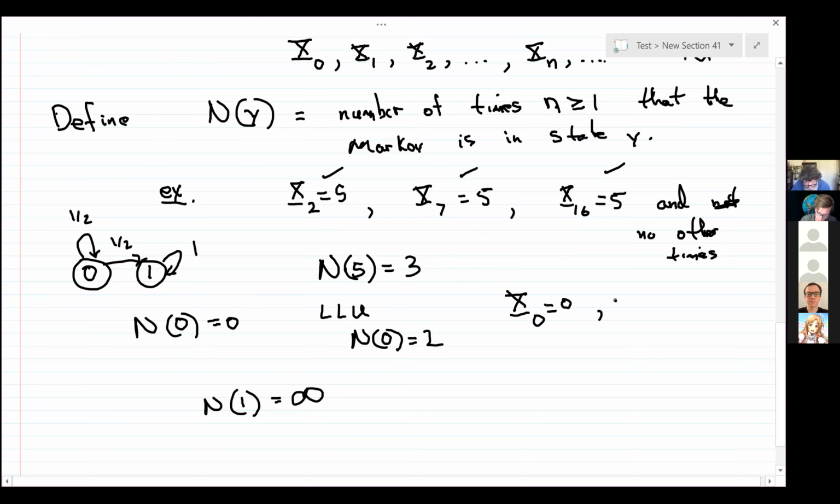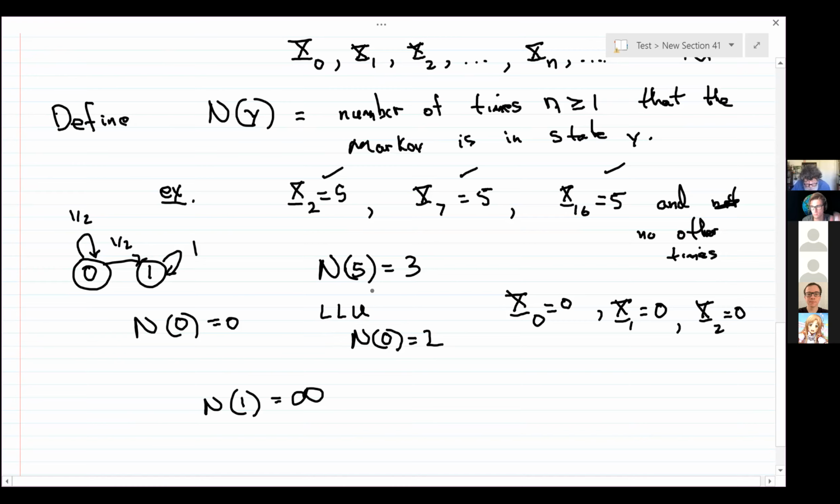And then I'm saying at time 1, I'm still at 0. Why? Because I looped. And then at time 2, I looped again, and so I'm still at 0. So when I say loop up, I really mean stay here the first unit of time, stay here the second unit of time, and then finally go over here.